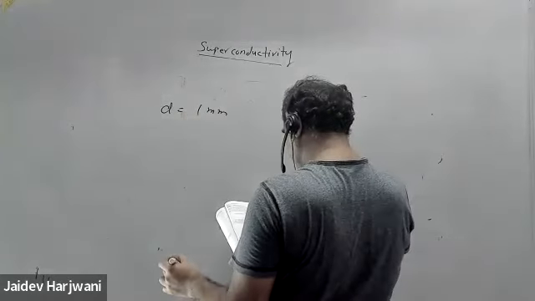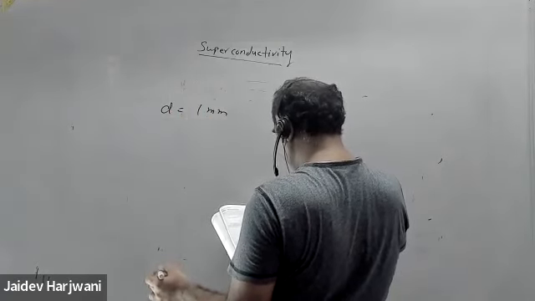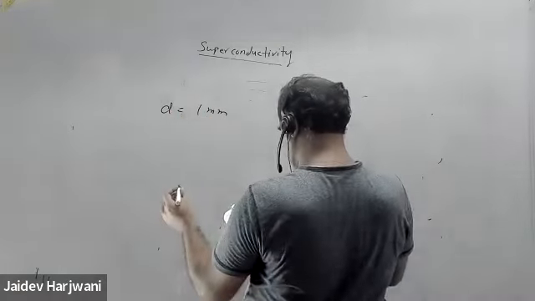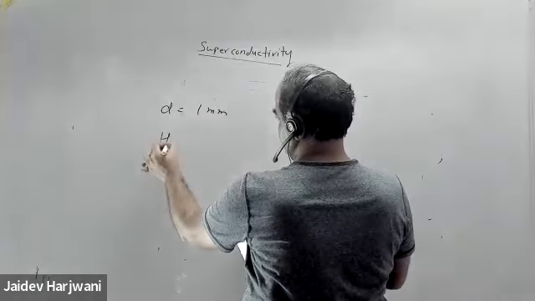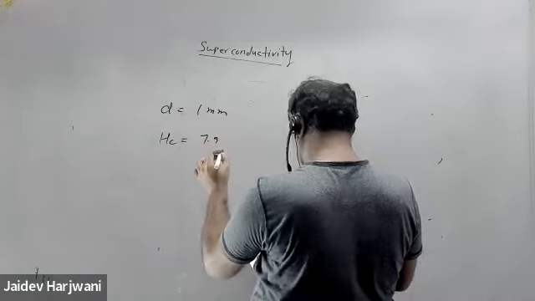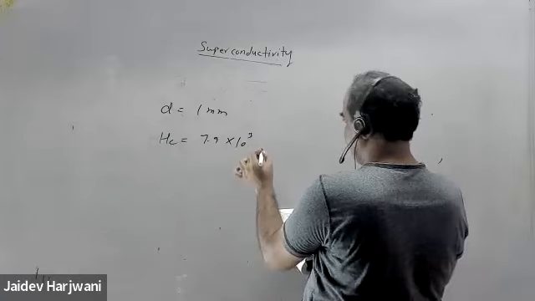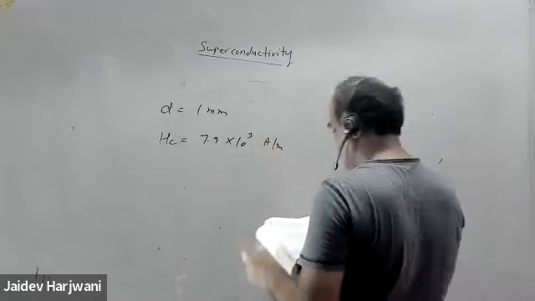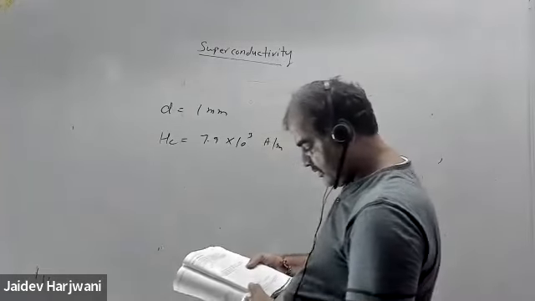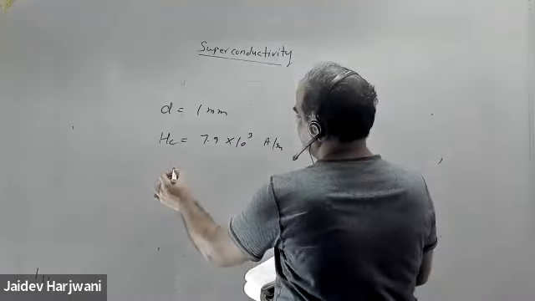The critical magnetic field for aluminum is HC, HC is given as 7.9 into 10 raised to power 3 ampere per meter. HC value is given. Okay, so he's asking calculate the critical current IC.